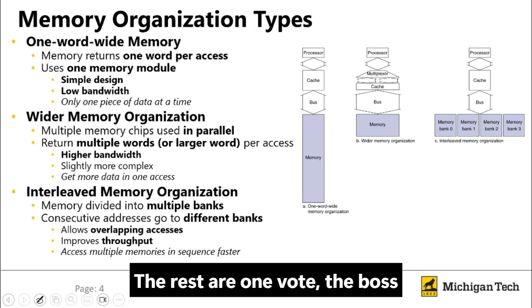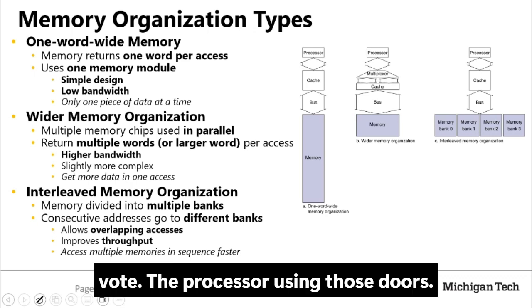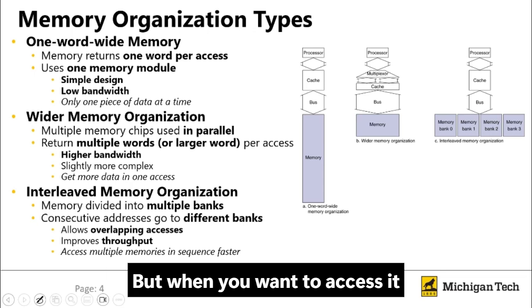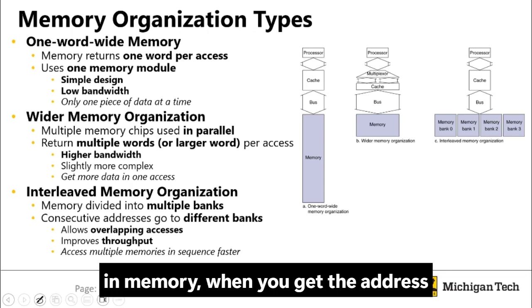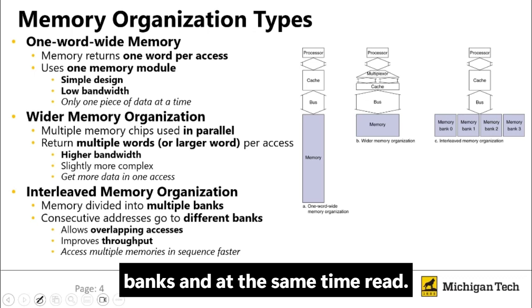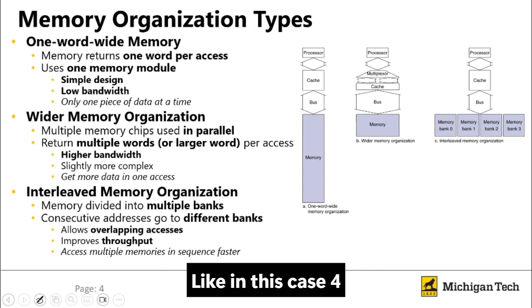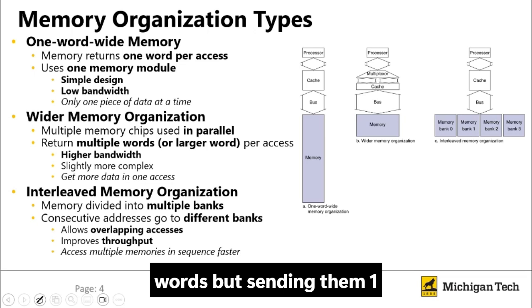The rest are one word. The bus is one word. The cache is one word. The processor is using those words. But when you give the address to the memory, it can access multiple banks and at the same time read, in this case, 4 words, but send them one by one.